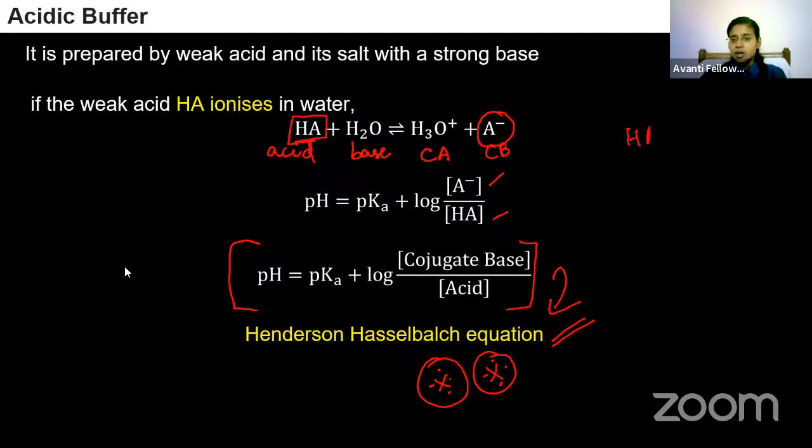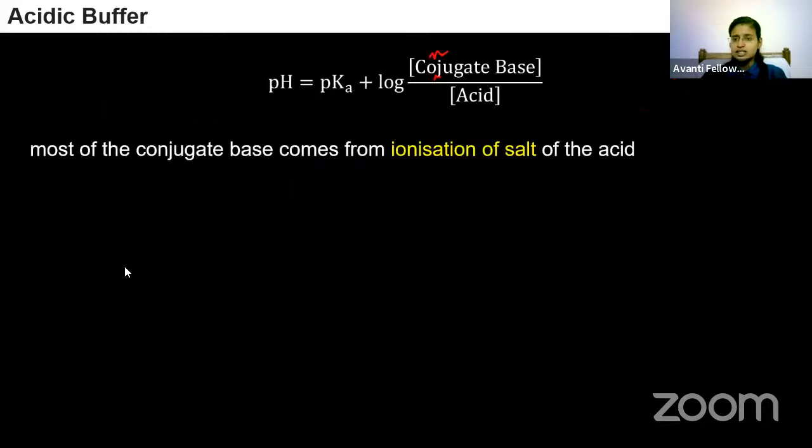HA got ionized and produced H plus and A minus. So this is the conjugate base, and it has come from the ionization of the acid. That is what is written here.